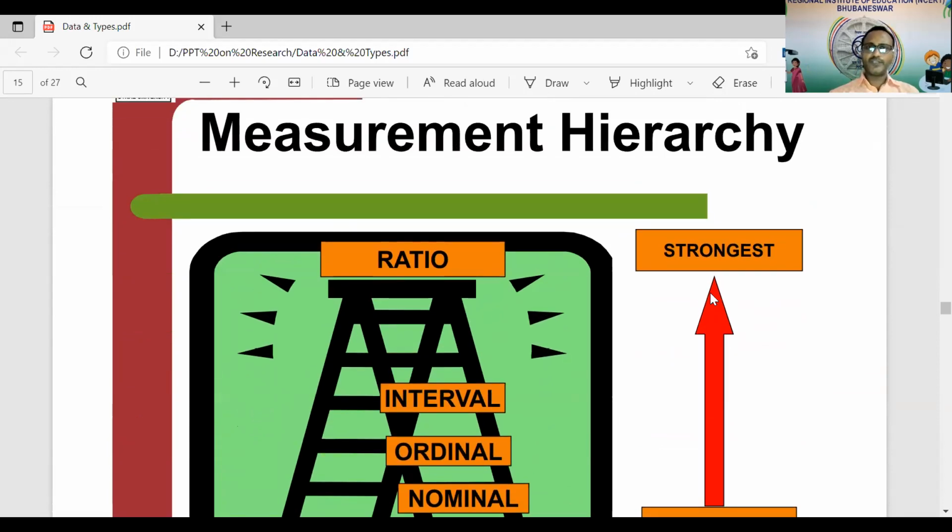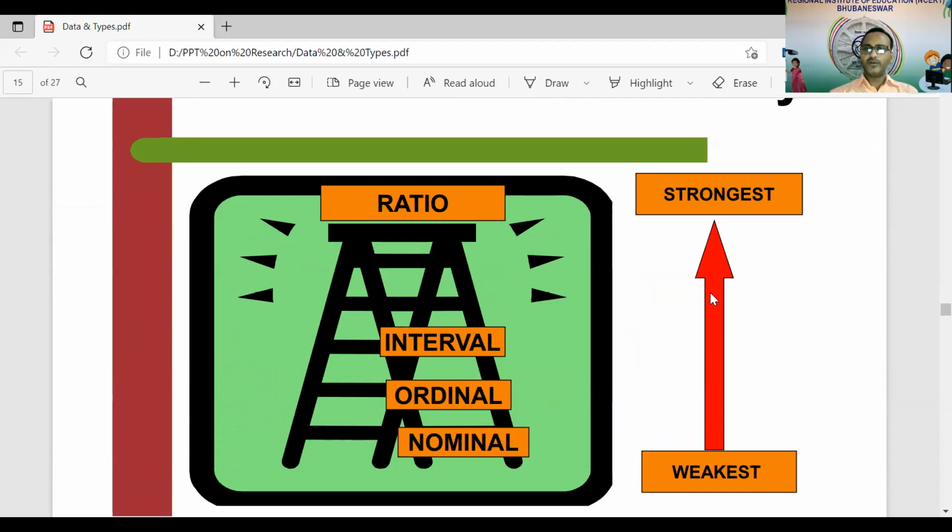And the final slide, if you compare all the different levels or types of measurement, the weakest measurement is nominal scale and the strongest measurement is ratio scale. And when you see the gap between interval and ratio scale, because we have a lot of limitations in the interval scale, research in social science, education, and psychology is often criticized.